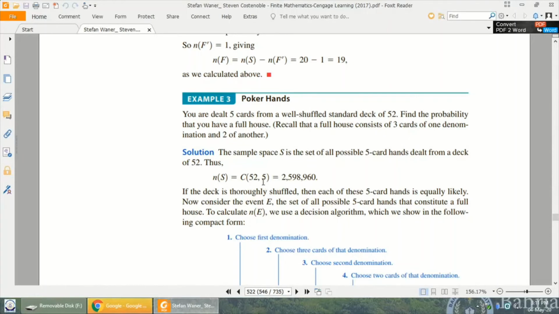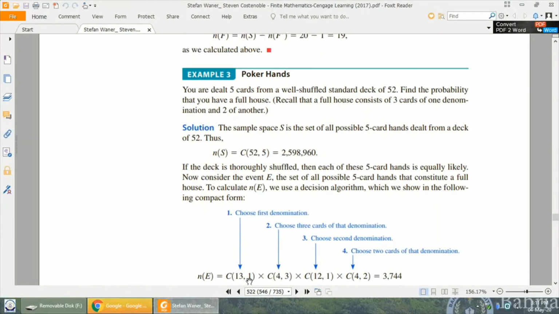Since we have picked 5 cards, we can have 3 cards of one denomination. I told you there are 13 denominations, so the possibility is 13. And then for each denomination of 13, you have 4 suits.